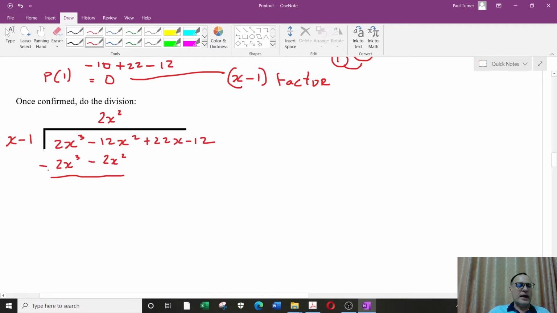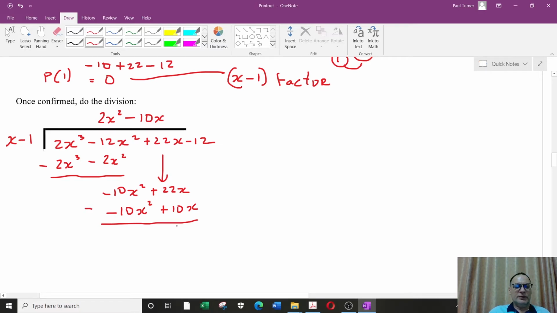Then subtract. Minus 12 minus minus 2, that's minus 10x squared. Bring down the 22x. And then it looks like minus 10x. Minus 10x times x, minus 10x squared. Minus 10x times minus 1, minus 10x. And we subtract again.